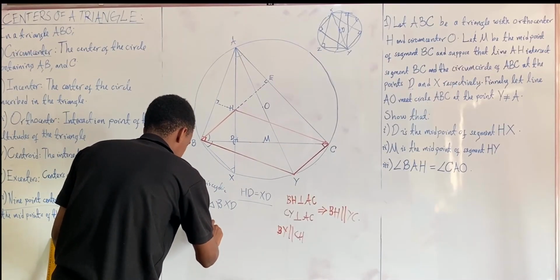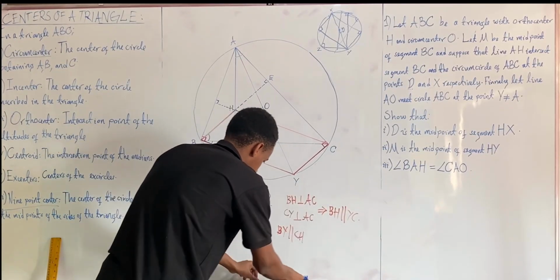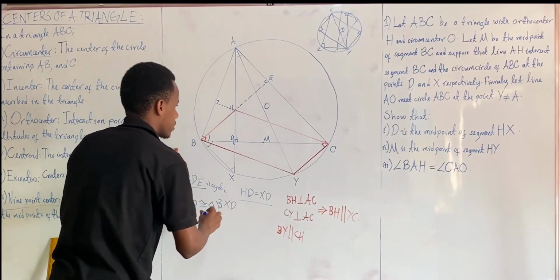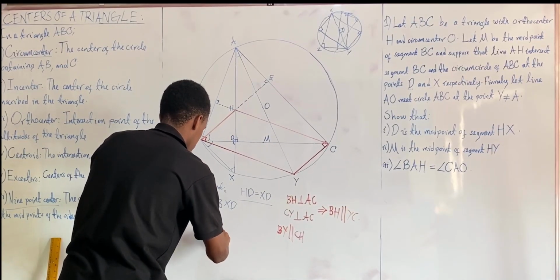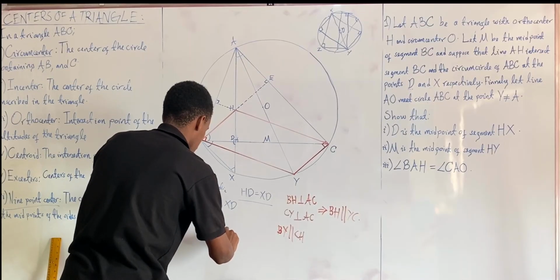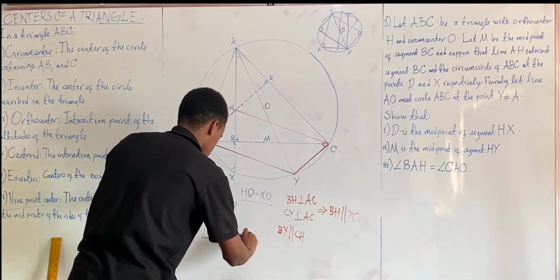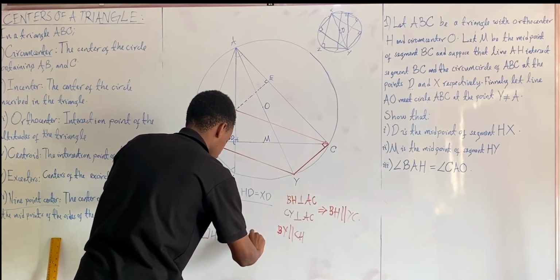So the quadrilateral H, B, Y, and C is a parallelogram.